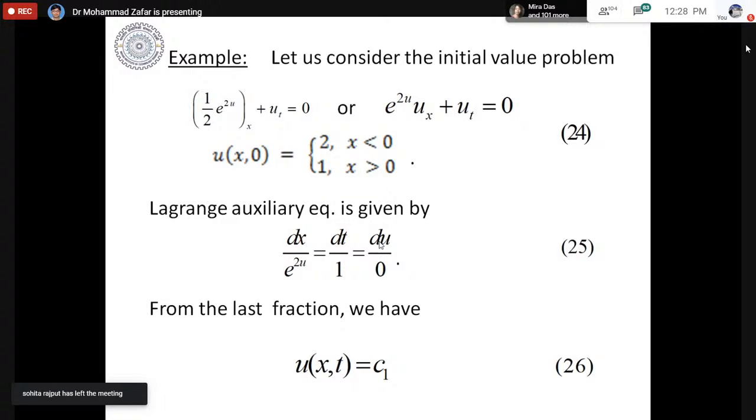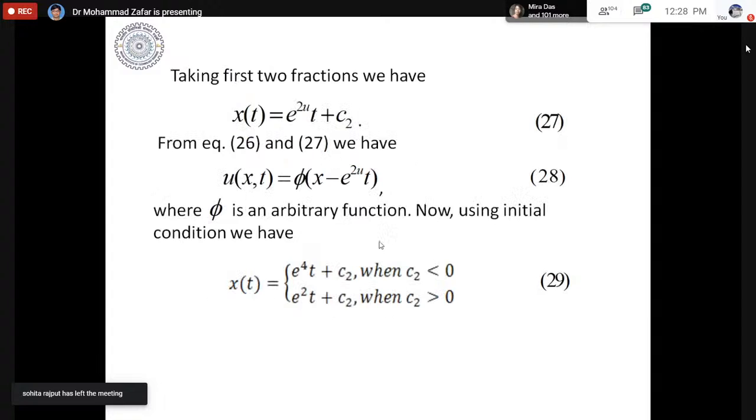So putting u = 2 in equation number 27, it becomes x = e^4 t + c2 when c2 is less than 0, and it becomes x = e^2 t + c2, with u equal to 1, when c2 is greater than 0. These are the characteristics now. The first set of characteristics is for c2 less than 0, and the second set is for c2 greater than 0. We can draw these characteristics in the next slide.